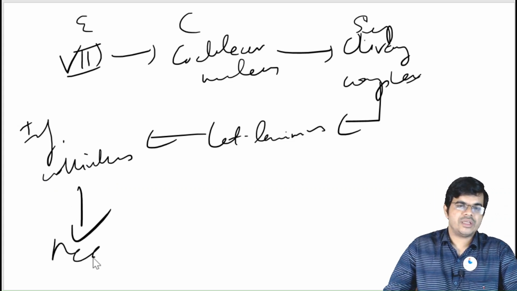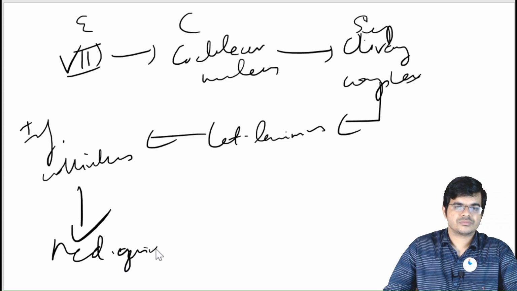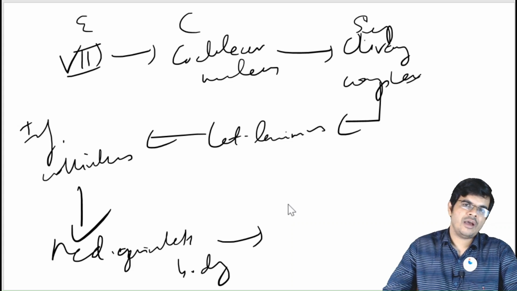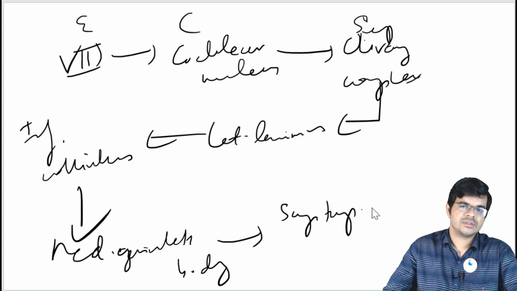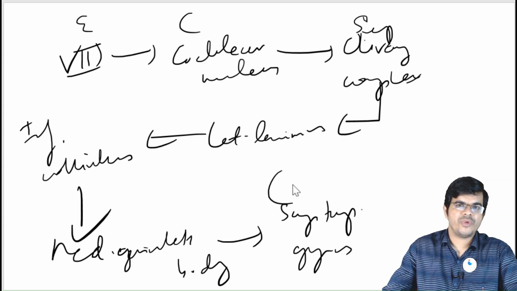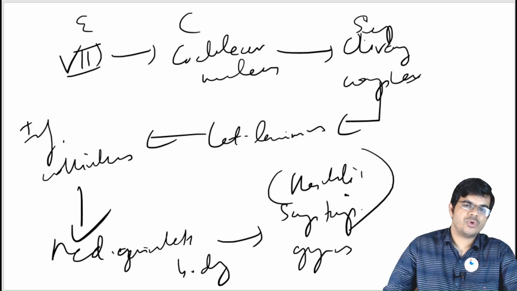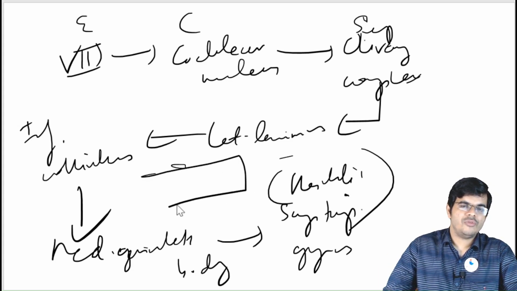Then you have the medial geniculate body. And then finally, after reaching the superior temporal gyrus or Heschl's gyrus, the auditory pathway is completed. Okay, auditory pathway is completed. So this is what is called E. coli ma for you to easily memorize.